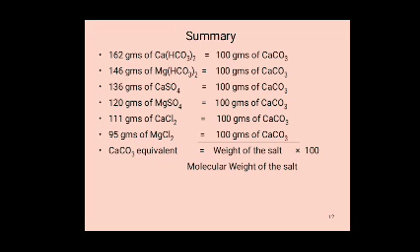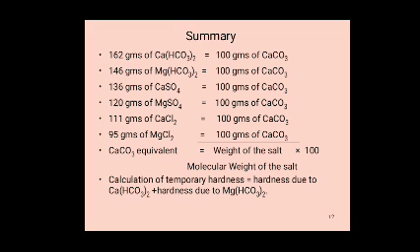Then equivalent weight is equal to weight by gram molecular weight into 100. Calculation of temporary hardness is equal to hardness due to calcium bicarbonate plus hardness due to magnesium bicarbonate.